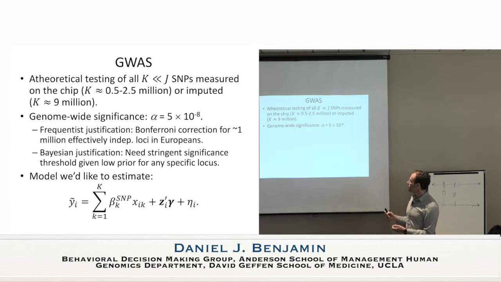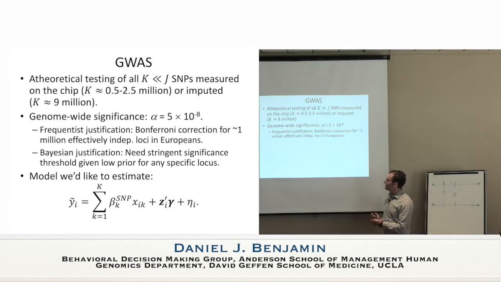So the solution in GWAS is to adopt the stringent significance threshold of 5 times 10 to the negative 8th, as we've talked about. There's two different justifications for that threshold. There's a frequentist justification, which is that 5 times 10 to the negative 8th is the Bonferroni correction for 1 million independent loci.